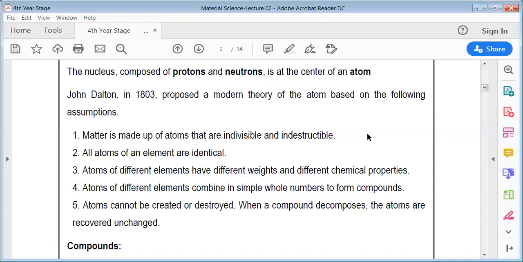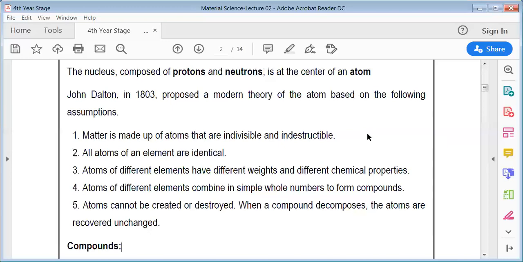So we can say yes, they could be identical in having the same number of protons and electrons, but they are different in the number of neutrons. So they are sort of not identical. This is because at that time they didn't know about isotopes. They didn't have any idea about isotopes.